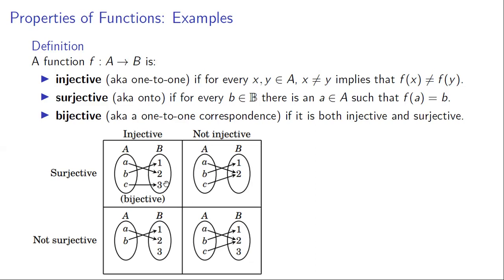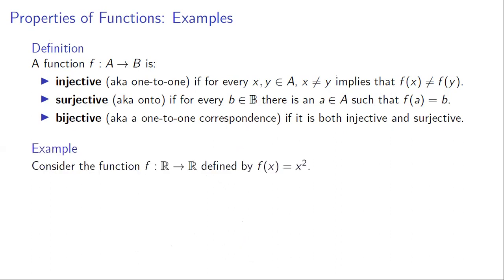We are able to reach every element of B. Now, because this function is injective and surjective, it is therefore bijective. Okay, so again, 4 different functions, and they don't all have the same properties. Some of them have one property and not the other. One of them has both properties. One of them has none of the properties. So 4 nice little examples.